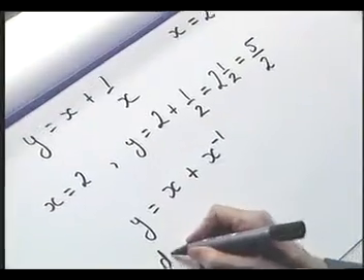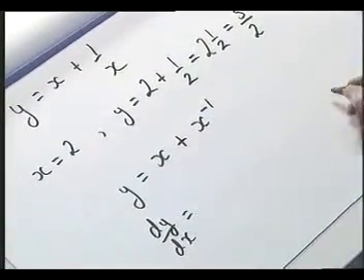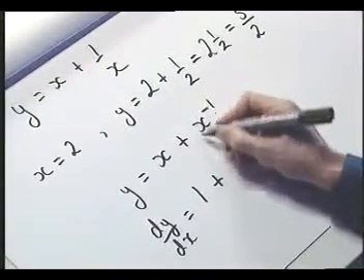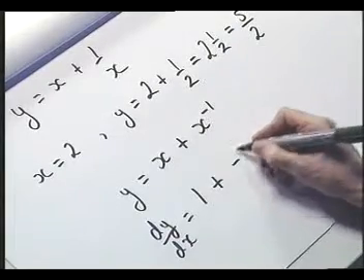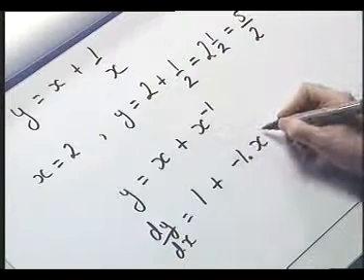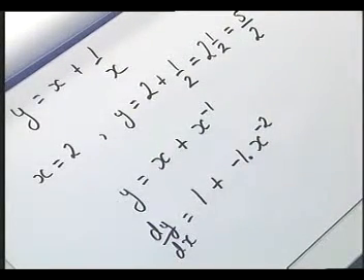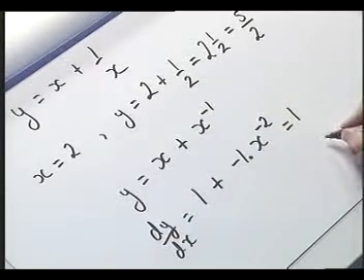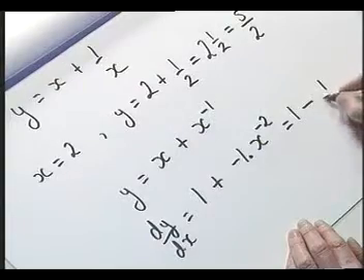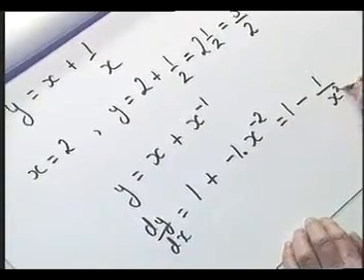And now we can differentiate it. dy by dx is equal to, the derivative of x is 1, plus, to differentiate this, we multiply by the -1, and we take 1 away from the -1 to give us a power of -2. So that's 1 plus, and a minus gives us a minus there. 1 over x to the -2 means 1 over x squared.